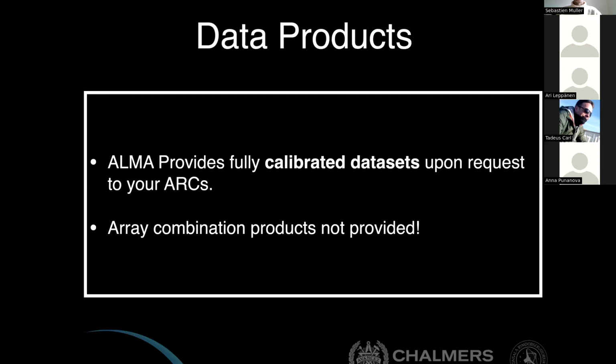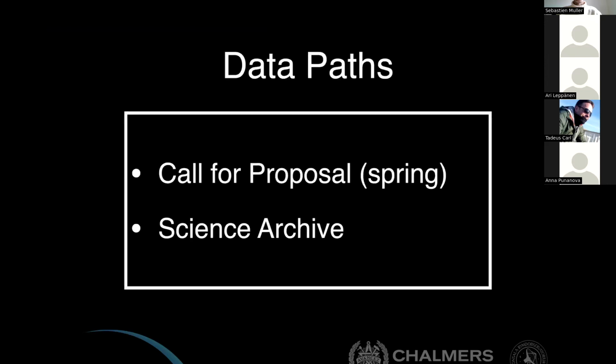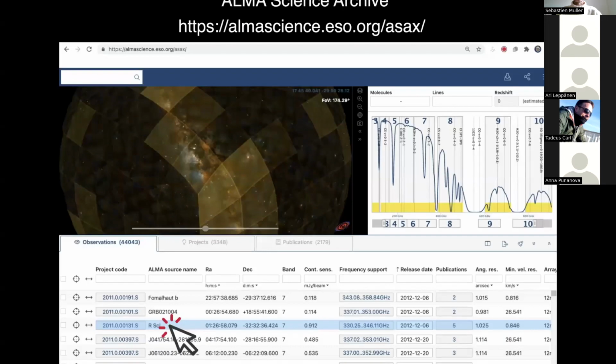Here, as I mentioned before, ALMA provides this calibrated data. And like I said, array combination products are not provided, but we can help you with that. So then how to get ALMA data? Either you can submit a proposal and get ALMA observations and then data, or you can mine the archive, which is now full of lots and lots of data.